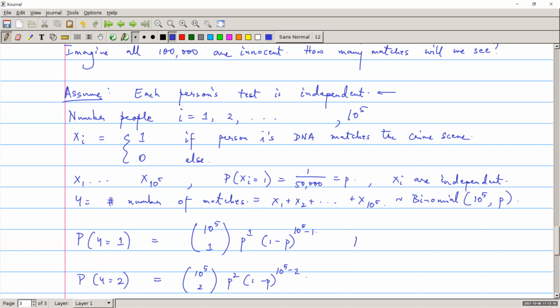We know the probability y equals 0 is 1 minus p to the 100,000. Probability y equals 10 to the 5 is p to the 10 to the 5. Okay, so we can write the probabilities of all of these values.